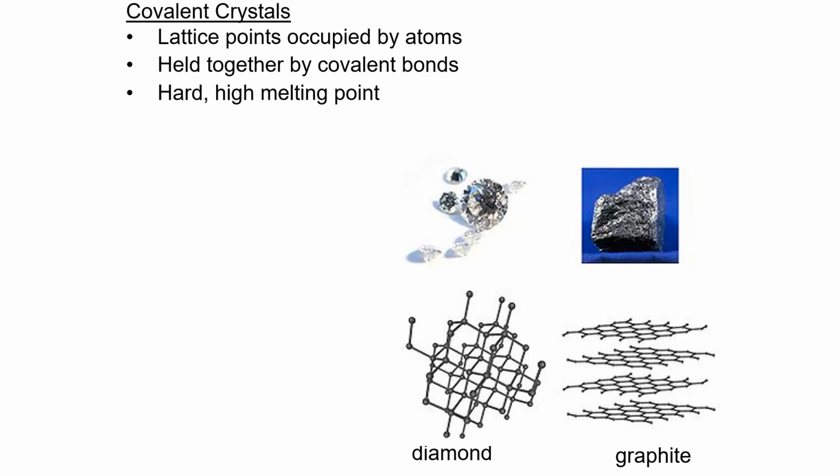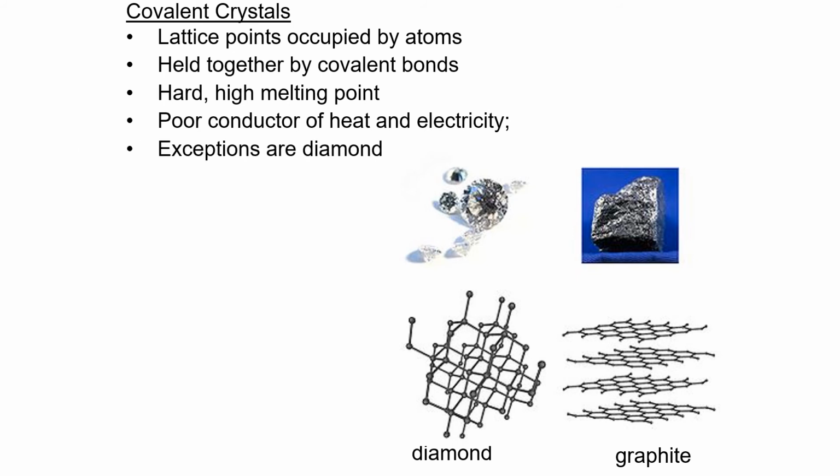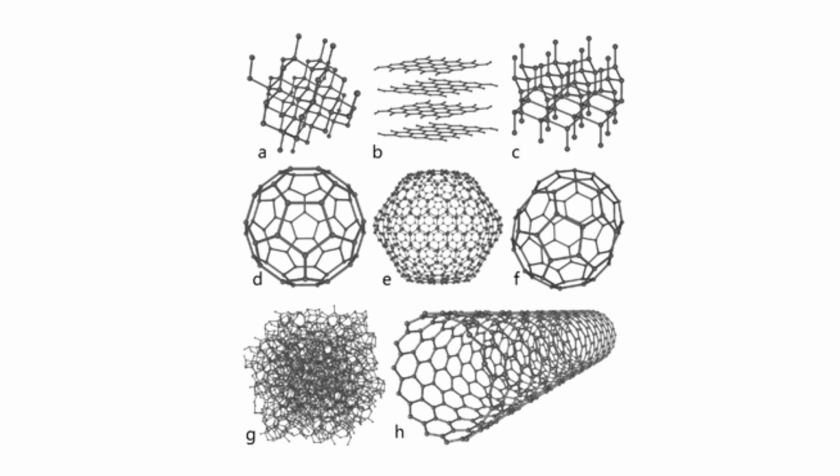And again, you see graphite and diamond as examples here, two allotropes of carbon. Poor conductors of heat and electricity. Exceptions are diamonds and graphite. Okay, here are some allotropes of carbon.